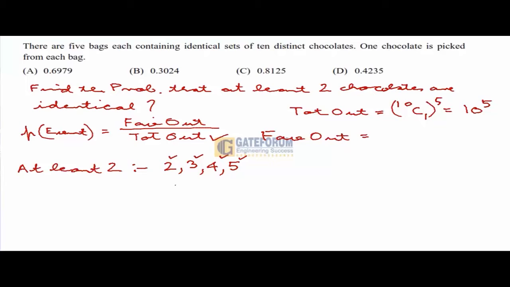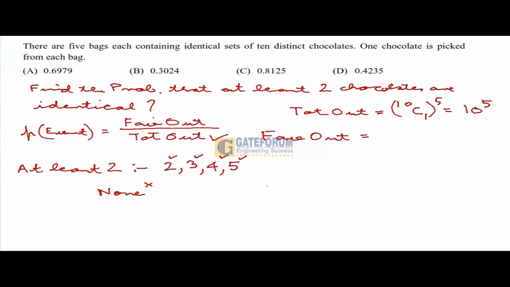So obviously this will result in more consumption of time. So rather than doing that, I think out what is not agreeing to at least two. Well, the only thing that doesn't agree to at least two is none. None are identical. This doesn't agree to at least two.